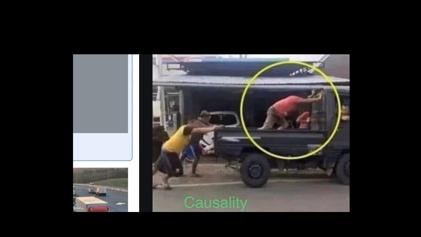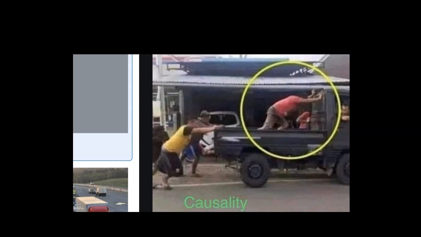The person there is pushing the truck from inside the bed and it's moving forward. There is an association between how much he's pushing and the truck moving forward, but he's not causing the truck to move forward. The other people behind are causing it by pushing it.